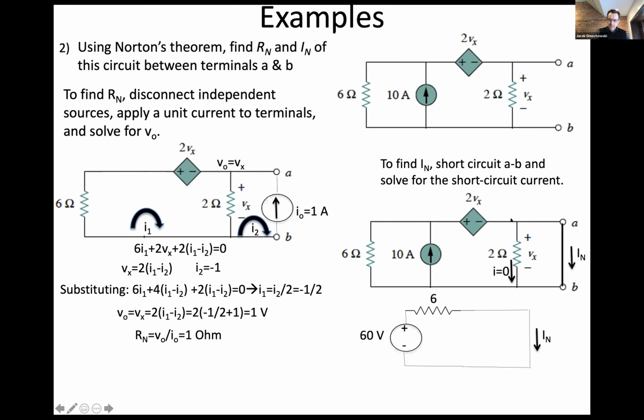So this is dead and this is dead. So all we have is a 10 amp current source in parallel with a 6 ohm battery and then a short on the right. So what I've done here is I've transformed the current source that's in parallel with a resistor to a voltage source in series with a resistor.